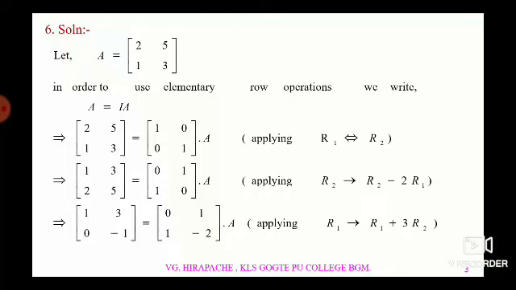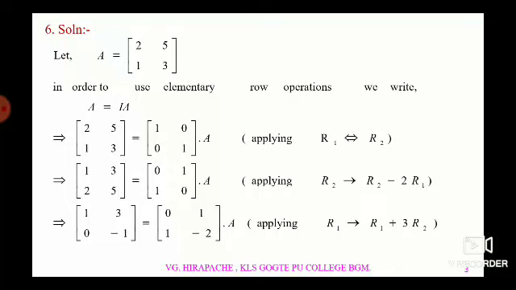The same operation we can perform to the second element of the second row, that is 5 minus 2 times the corresponding element of the first row, that is 3. Therefore, 5 minus 6 gives minus 1. The same operation we can apply to the right side. There is no change in the first row, elements are 0, 1.